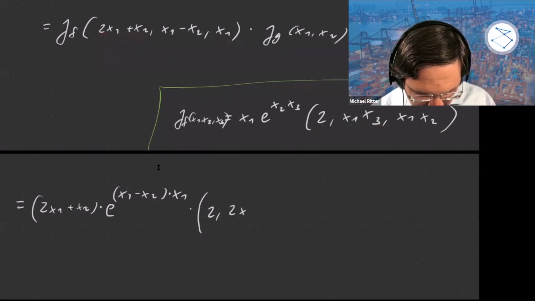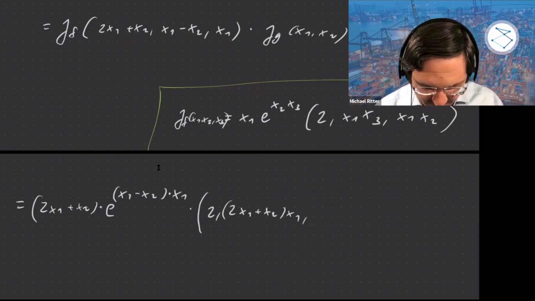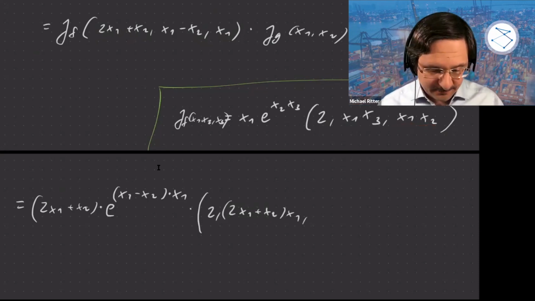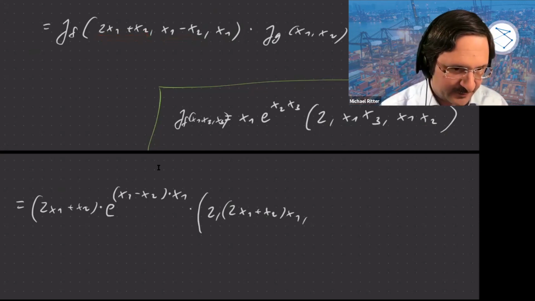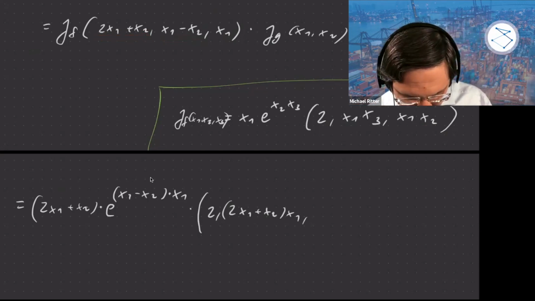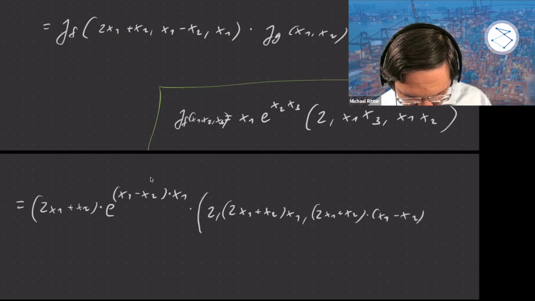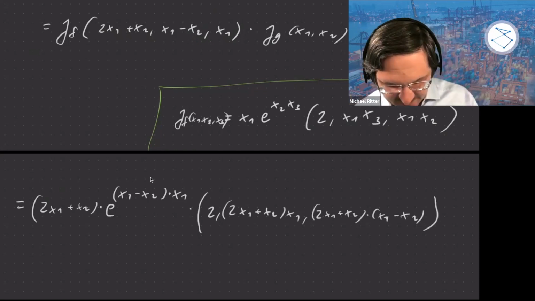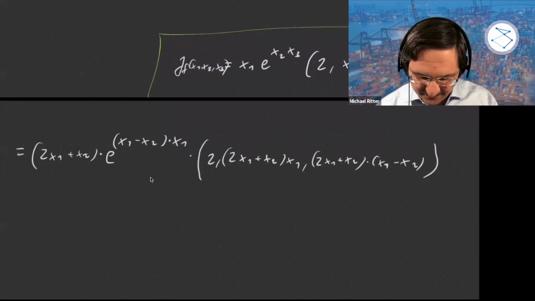So we get 2x1 plus x2 multiplied by x1 and x1, x2. So that means this multiplied by this. So that's 2x1 plus x2 times x1 minus x2. And that's this first matrix, JF at G.